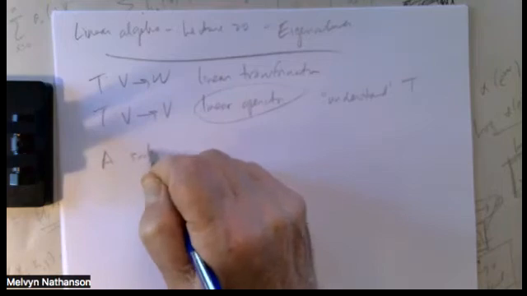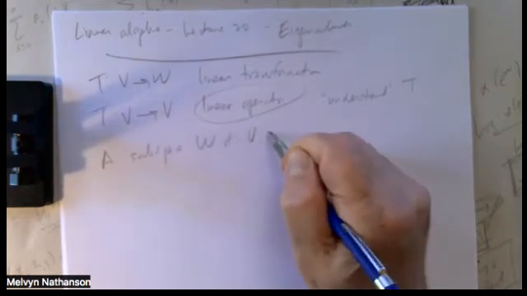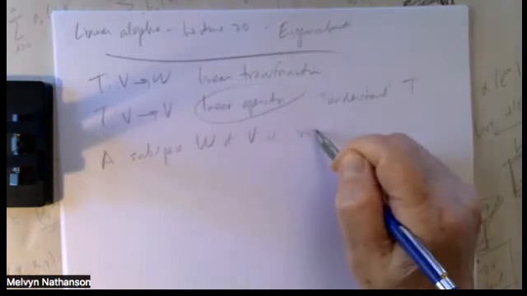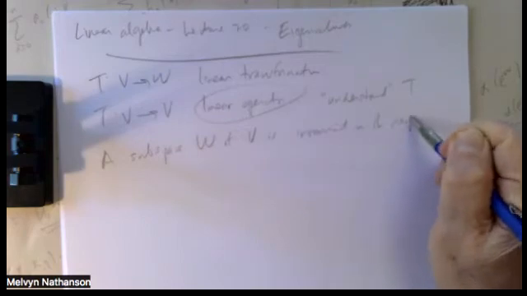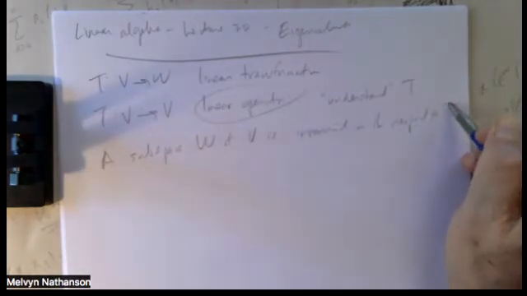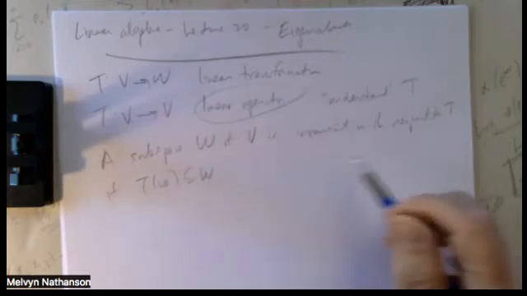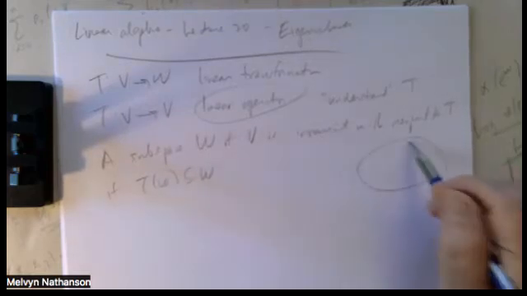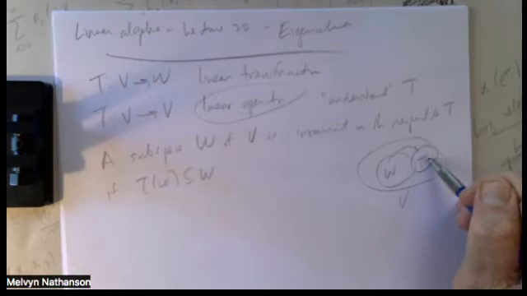So we say a subspace W of V is invariant with respect to T if T of W is contained in W. So in general, if this is your vector space V and this is W, T of W can be anything.